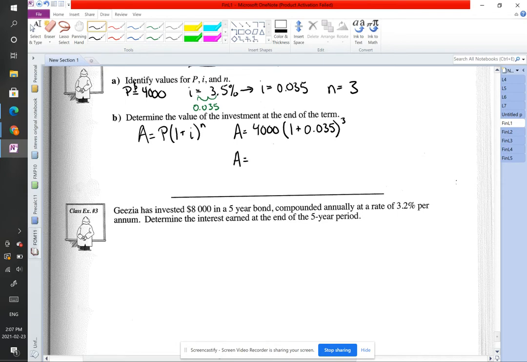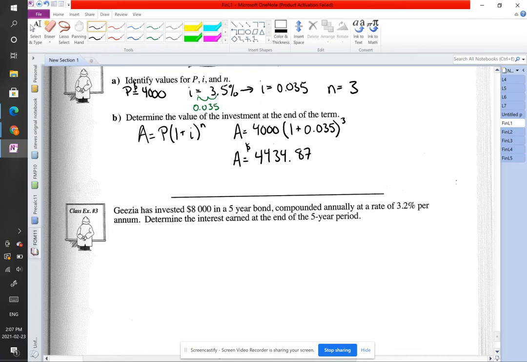Well, you can punch that into your calculator, and you will get $4,434.87.